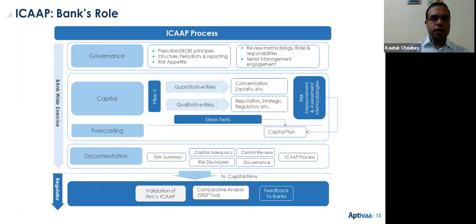Then once this is done, the documentation basically covers from an operational perspective how this whole process was undertaken, what sort of controls the bank had put in place, the governance structure, the different entities involved, and every other detail which is required in this direction. So this document at the end forms the ICAAP report of the bank, which is then passed on to the regulator.